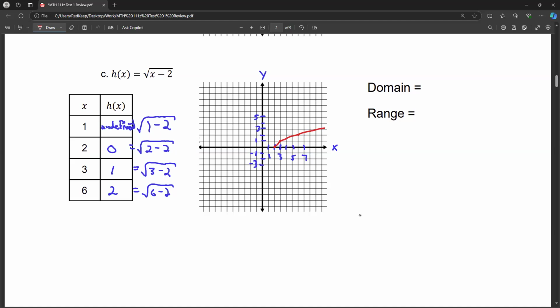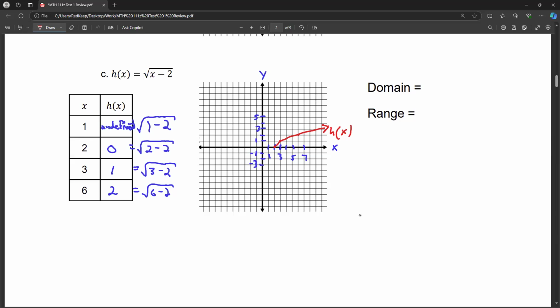The only issue is if we plug in x values less than 2, otherwise everything's okay. We can just use our calculator to find the square root of larger numbers, so the x values are completely okay to plug in. So let's put an arrow here. I kind of follow the same pattern of writing, let's say this is h of x. That's a nice way of showing what this is.